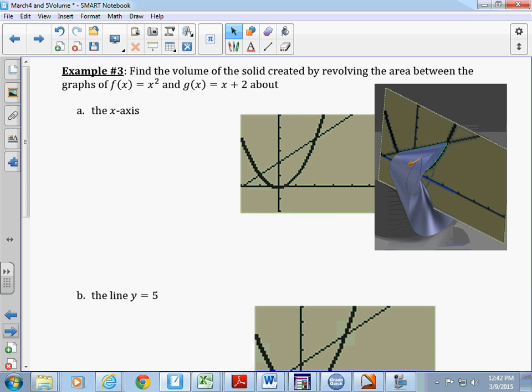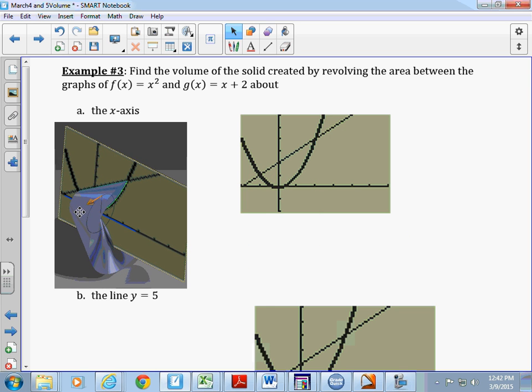So that's the one we did yesterday, but there's a nice visual of it. And you see how it's rotating around the x-axis. Oh, rotating out towards us. Yes, rotating out towards you. Oh, that makes sense. Gotcha.